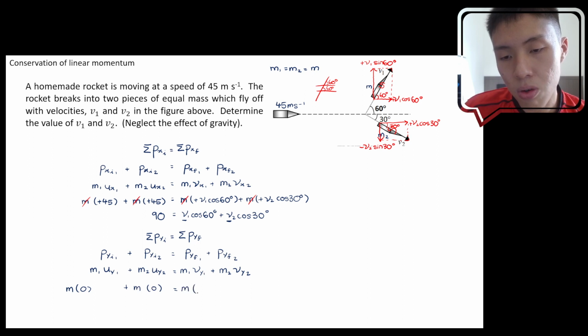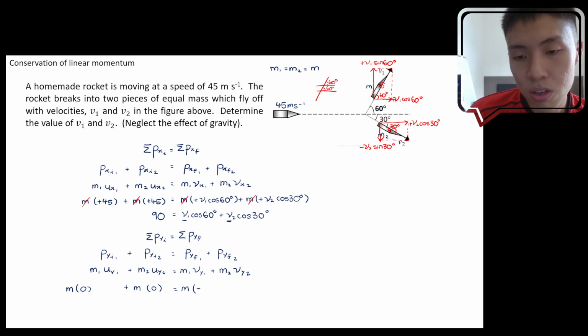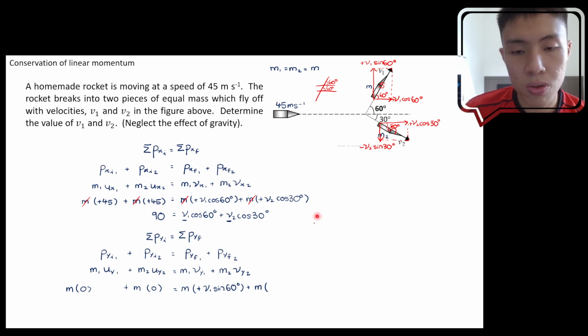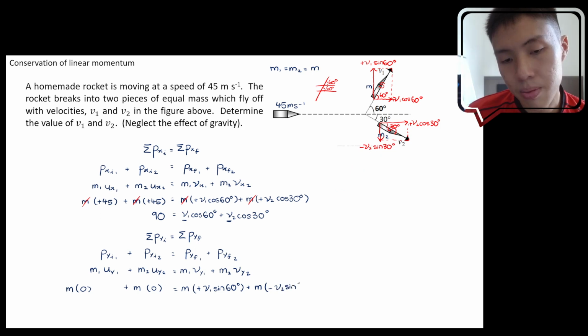So m1 vy1. Now the object 1 y component is positive v1 sine 60 degree. Plus m vy2. Vy2 is the object 2 y velocity, which is negative v2 sine 30.